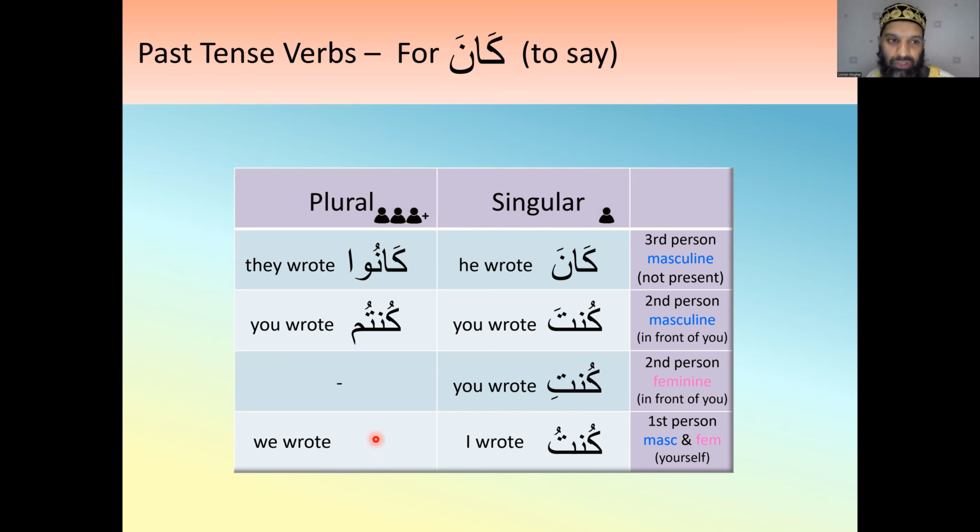So here we just continue the kun pattern. Kunta, kunti, kuntu, kun and a na becomes kunna. So kunna means we all were. This slide needs a major revamp. Inshallah, next time I run it, I will have this corrected.